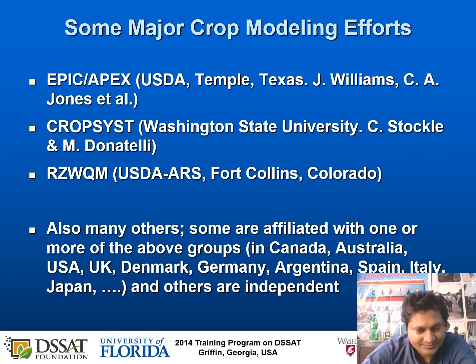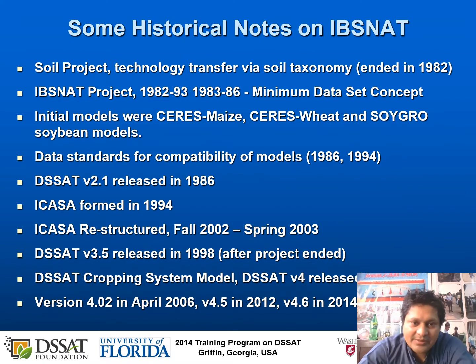There are also many others, some affiliated with one or more of the above groups, working in Canada, Australia, USA, UK, Denmark, Germany, Argentina, Spain, Italy, Japan, and some working independently.